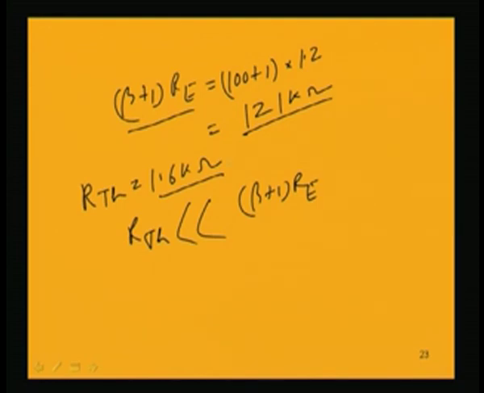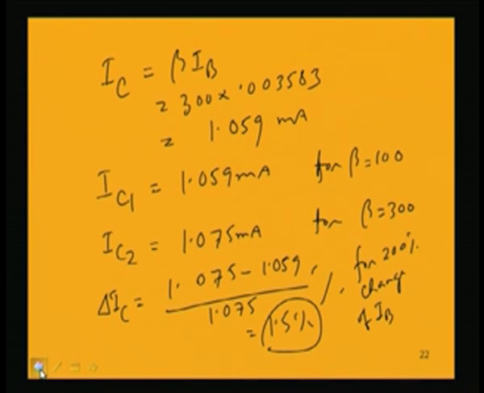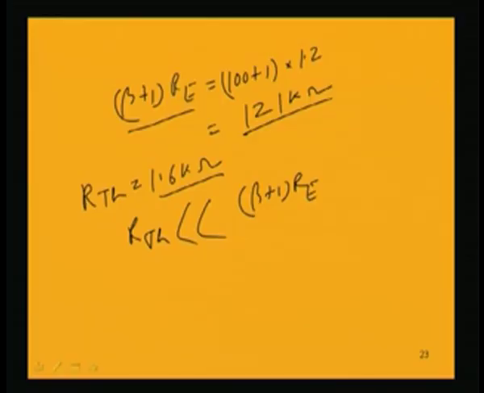That is why IC is almost insensitive to beta, even though beta is changing so much, a 200% change, but still we are not having a corresponding high change of IC, and that is the beauty of this design scheme. We are making it possible by this design criterion being satisfied.